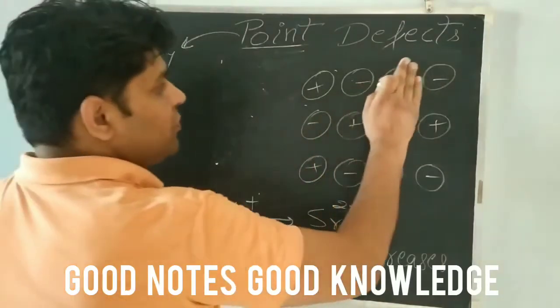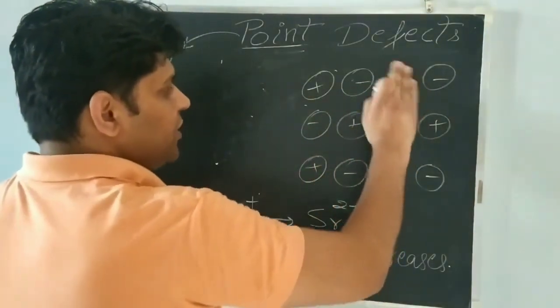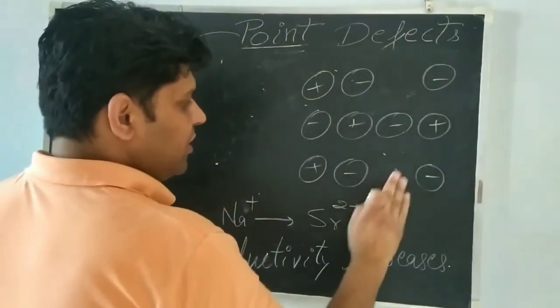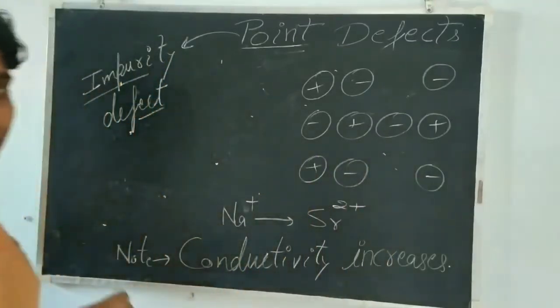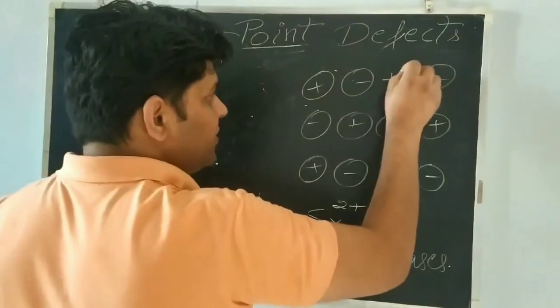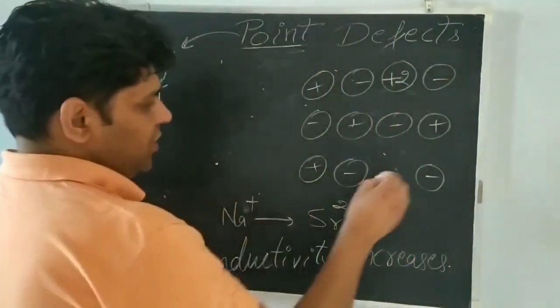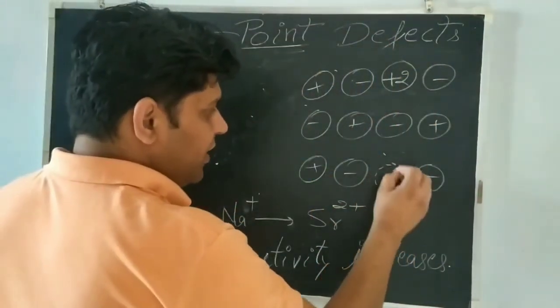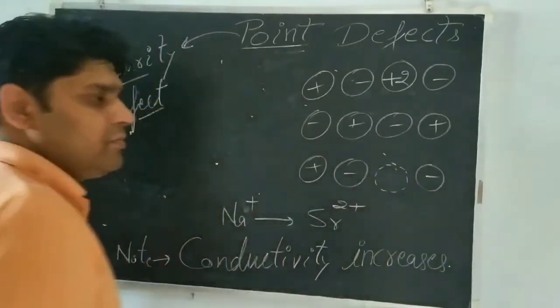When we remove two positive charges, the first cation and the second cation, we can replace the cation with a cation. Now we have to add a cationic species having higher valency, so one cationic vacancy is created.